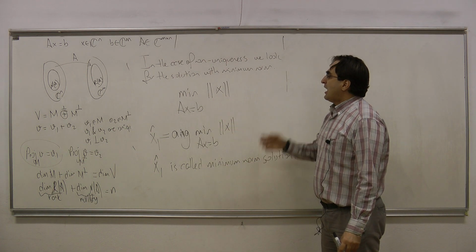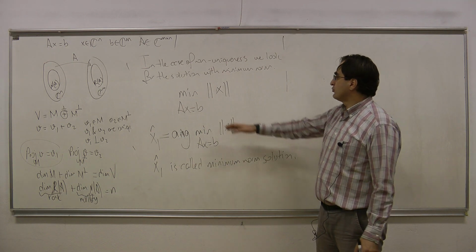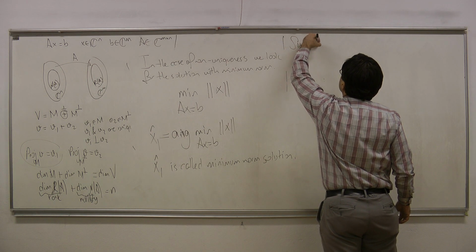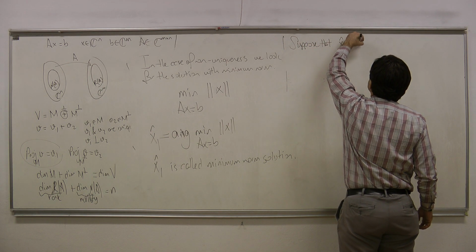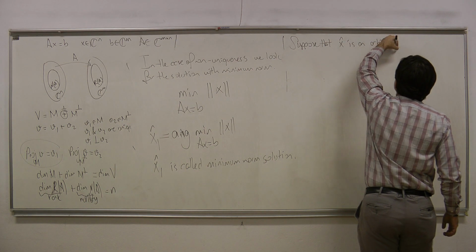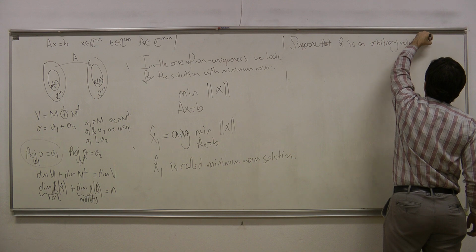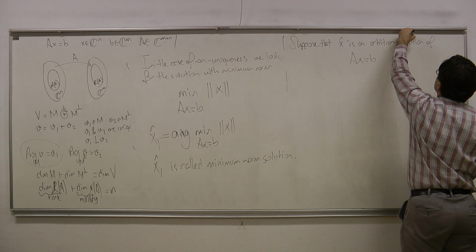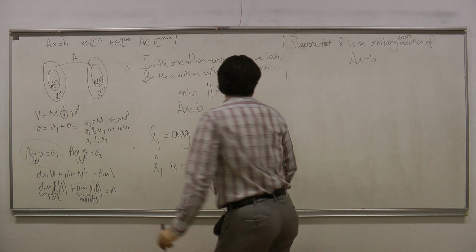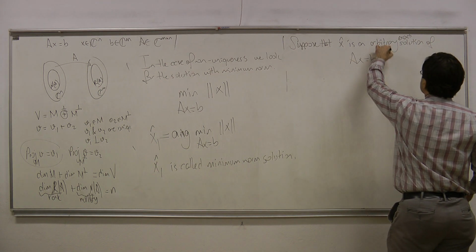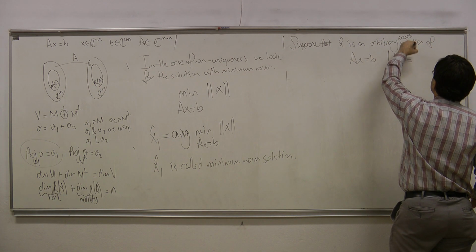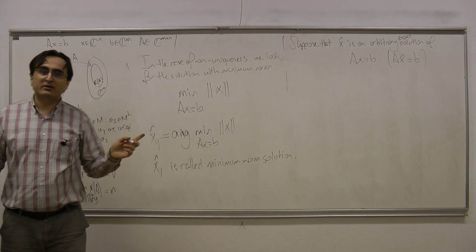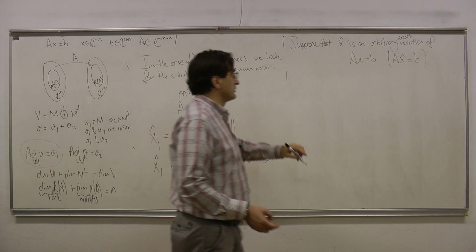So here, how can I express all solutions of this equation? Suppose that x hat is an arbitrary exact solution of Ax equals B. Therefore, I know that A times x hat is equal to B. Then how can I parameterize all of the different solutions of this equation?